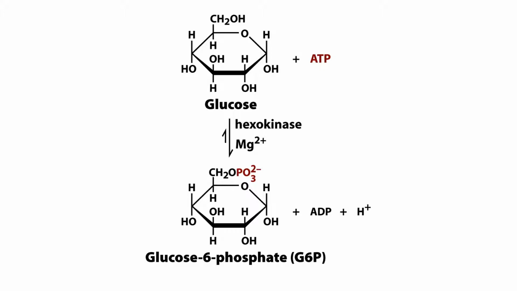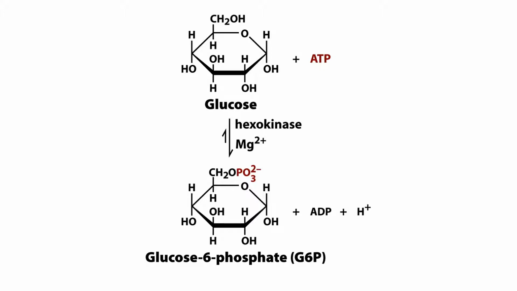So this is the first reaction where we have that phosphorylation of our glucose molecule by the enzyme hexokinase. Hexo meaning 6, kinase means this is an enzyme that transfers phosphate groups. So this hexokinase, in the presence of magnesium, which is required here, transfers a phosphate from ATP to our glucose molecule in the 6th position.